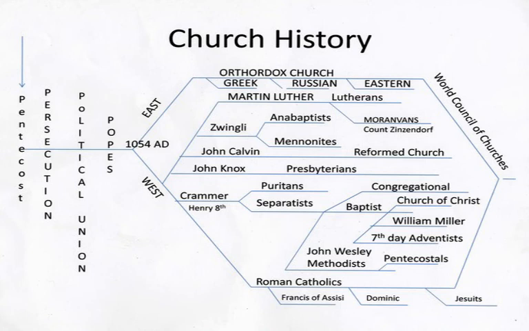We have Francis of Assisi, the Dominicans, and the Jesuits. Then we have a whole effort trying to get them all back together again, the World Council of Churches. So this gives you a whole overview of church history and where some of the different denominations have come from.